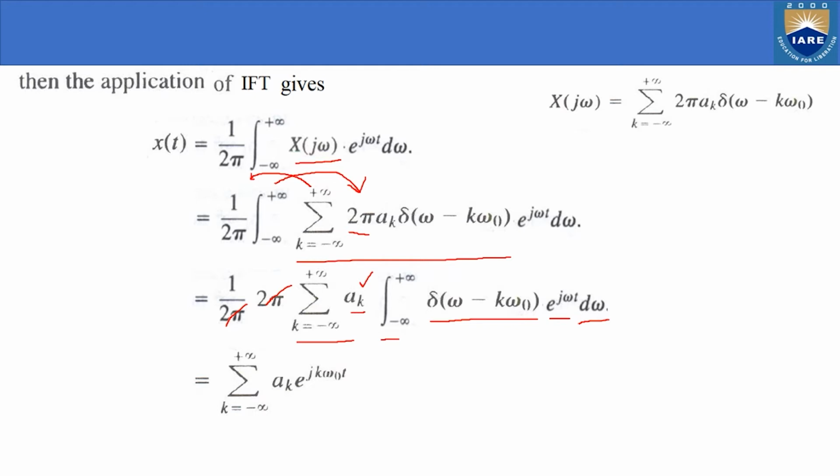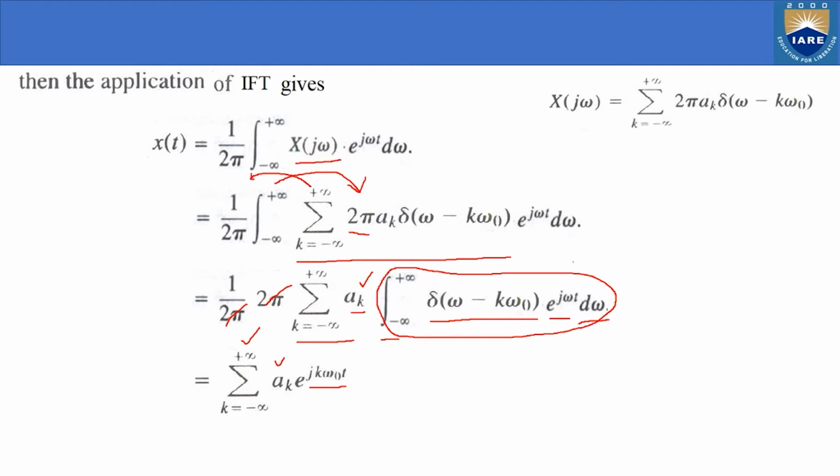So I can write ak here, the summation is here, ak is here, and what about this integral? For k equal to 1, it is e to the power of j omega naught t. For k equal to 2, e to the power of j 2 omega naught t.